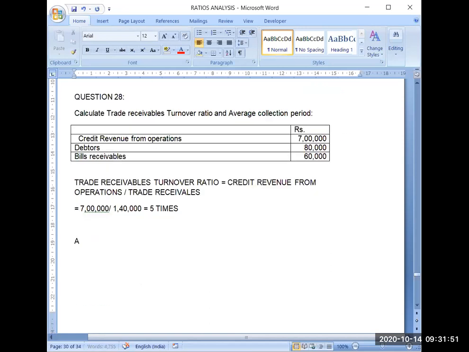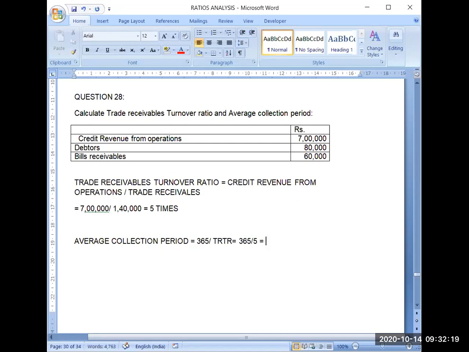So the next formula we can use here: average collection period is equal to 365 upon trade receivable turnover ratio. I am writing in short, but please always write in full form. It will be 365 upon 5.